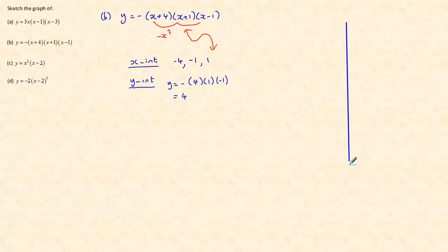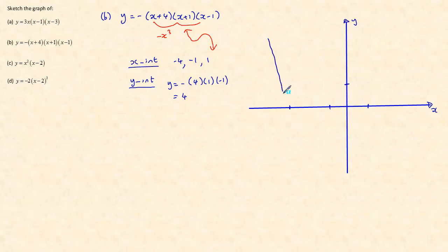So we can sketch that. So x and y. So we've got negative 4, negative 1, 1, and 4 here. And we know the shape. So it must come down, take a minimum in here, come up, it's going to take its maximum around here somewhere, and then come down like so.